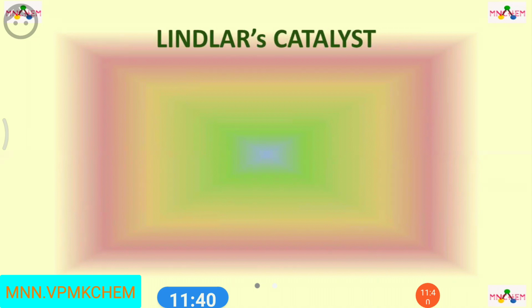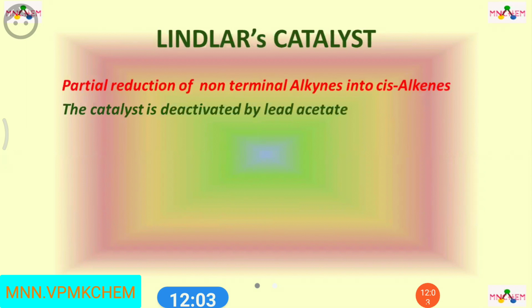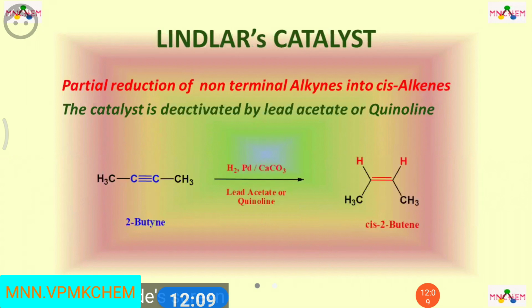Next, palladium is used for the selective reduction of alkynes in the form of Lindlar's catalyst. The partial reduction of non-terminal alkynes into cis-alkenes is carried out using this Lindlar's catalyst. The catalyst is deactivated by lead acetate or quinoline. Here, the reaction is represented where 2-butyne is partially reduced to cis-2-butene.